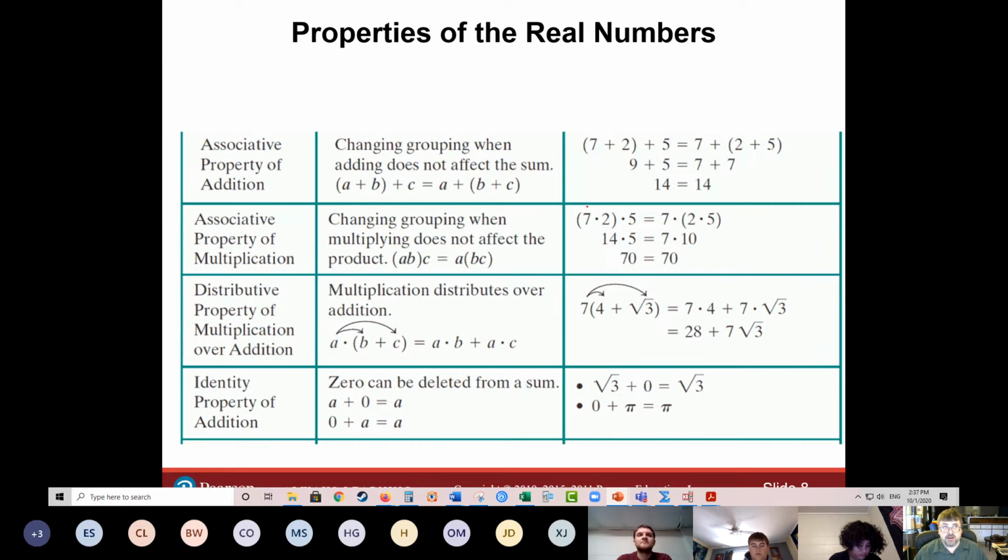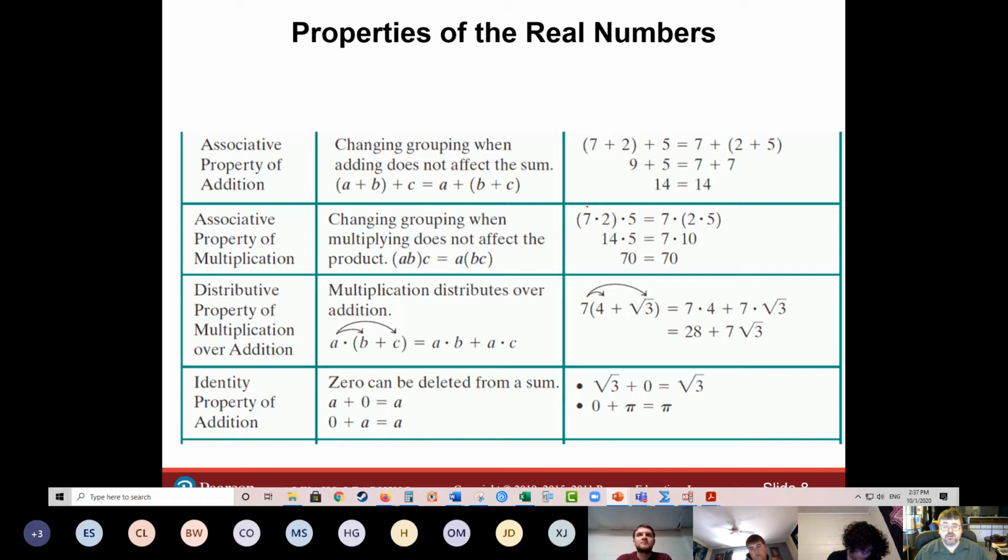Related to the commutative property is the associative property. And again, there are two associative properties, one for addition and one for multiplication. For addition, it means that we can group add-ins. Add-ins are the numbers we're adding. We can group add-ins together however we want. And when I say group them, we don't change their order.